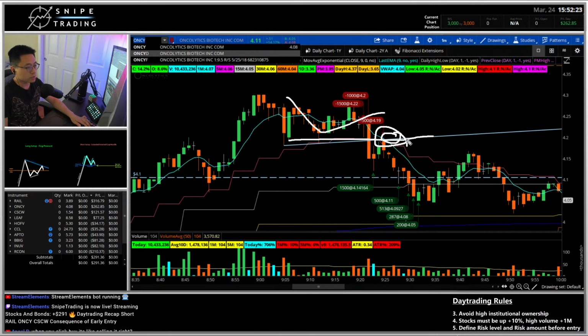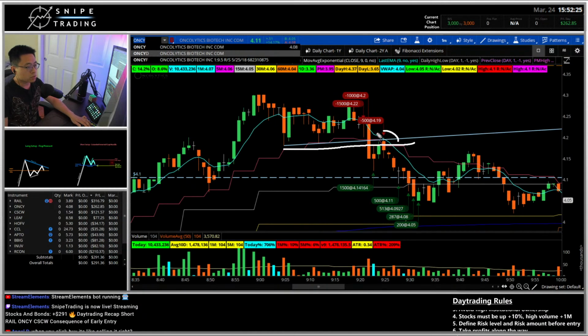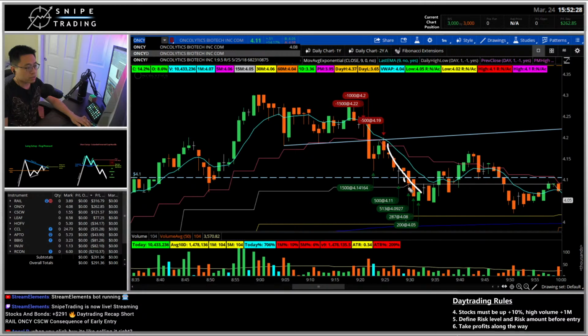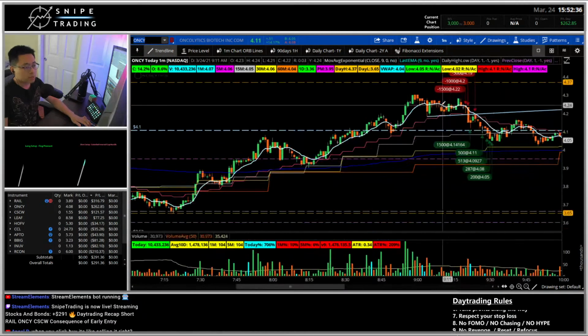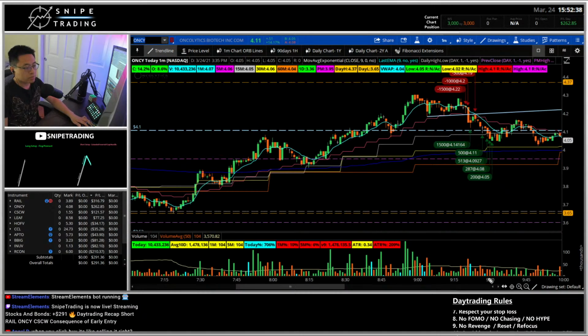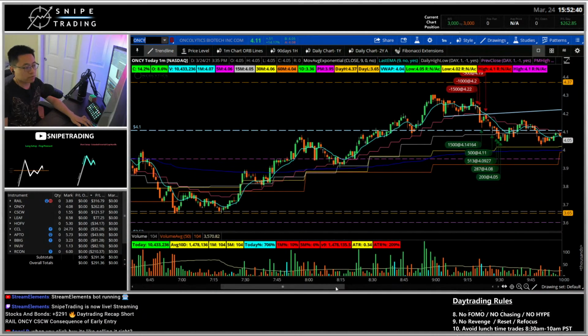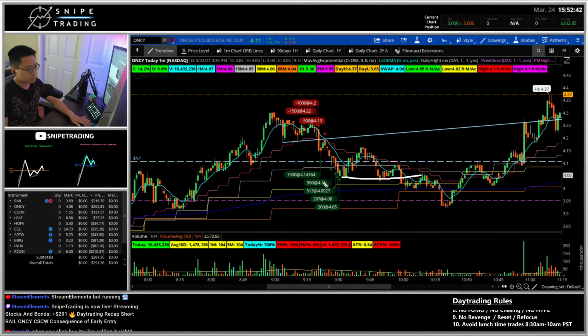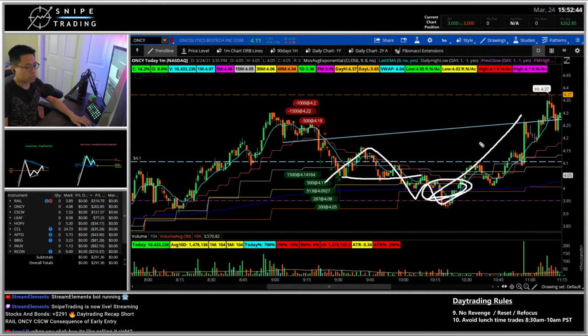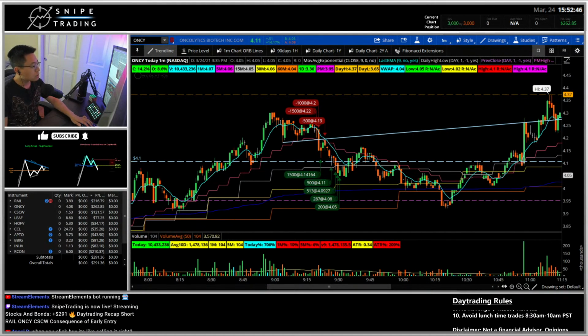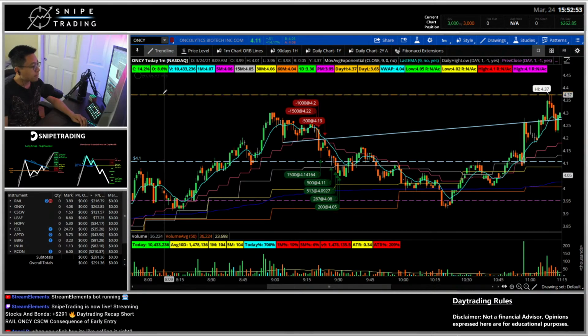Support becomes resistance, so I re-added there, and then covered the rest towards the 15-minute chart and the VWAP. It ended up giving a bounce and then some more fade afterwards, and then retested the hourly to go higher. So that was a $262 win on ONCY.